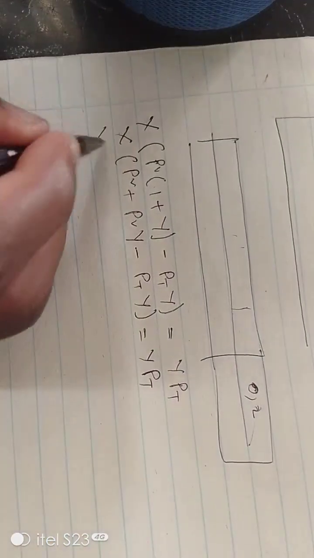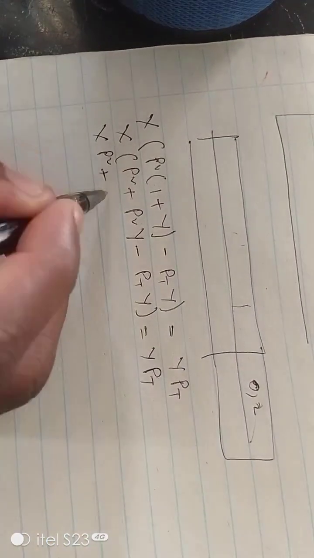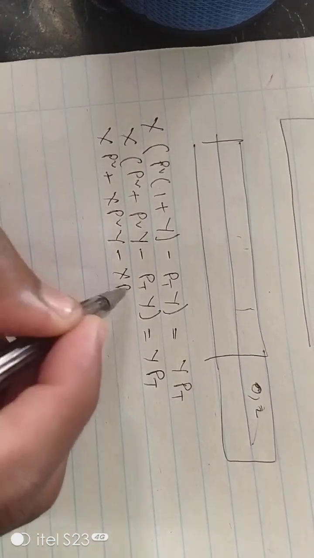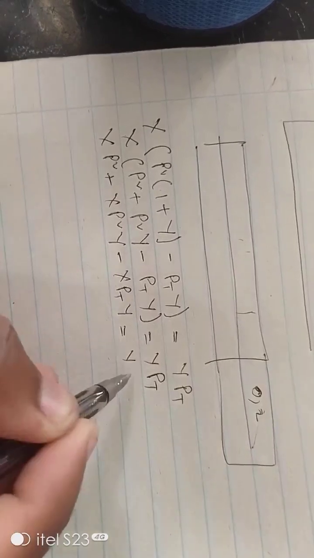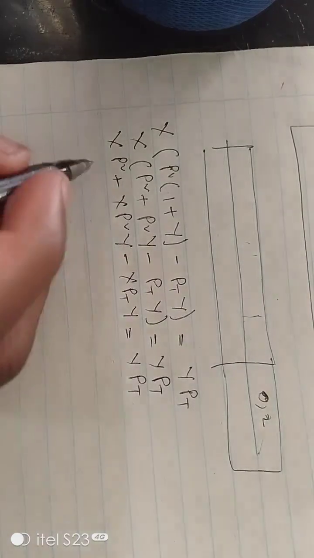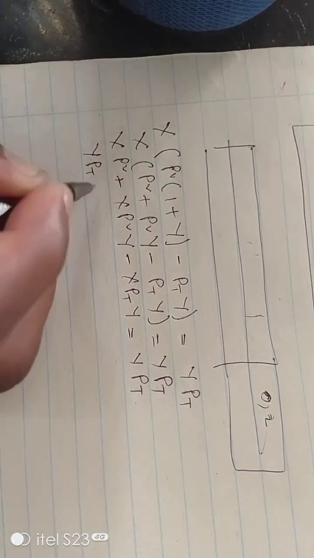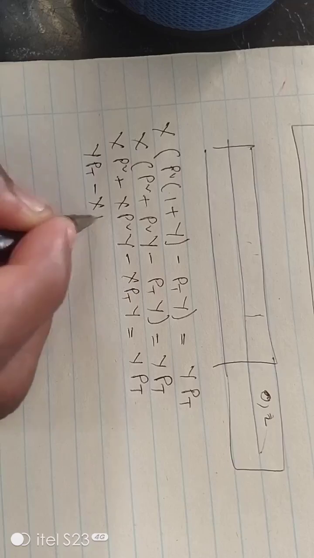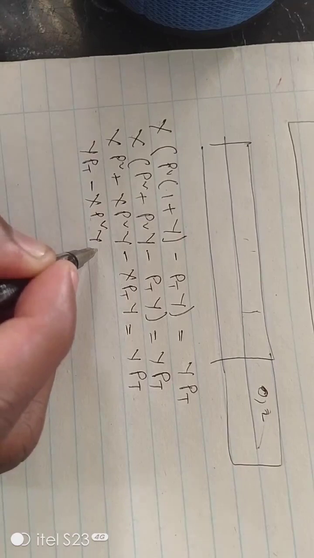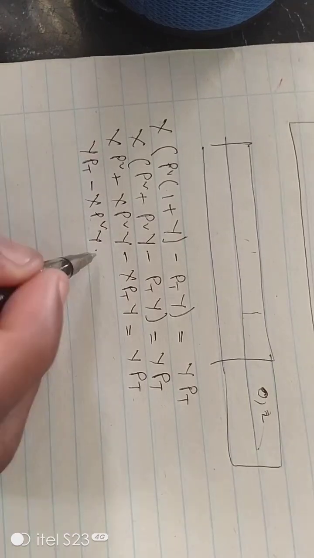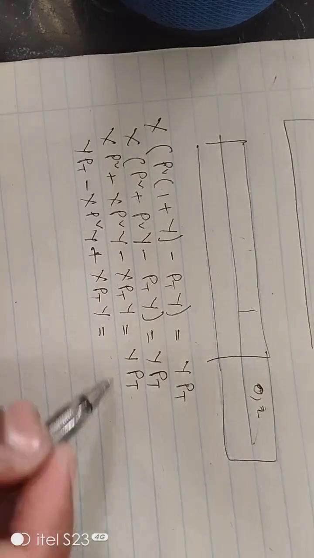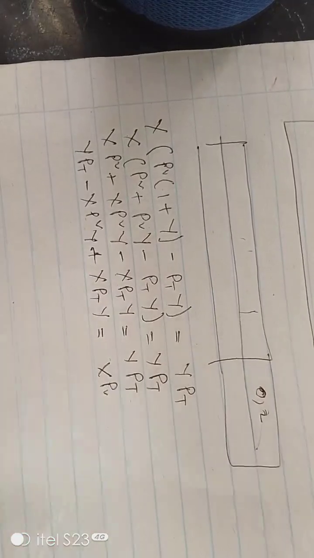x Pv + x Pv y - x Pt y is equal to y Pt. Let's take y to the right side, so we now have y Pt - x Pv y, and then plus x Pt y is equal to x Pv.